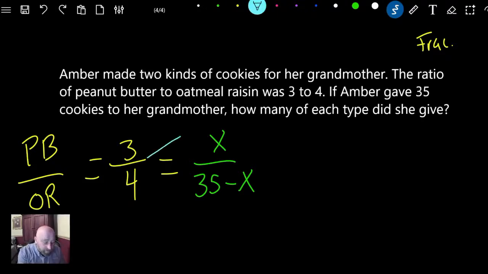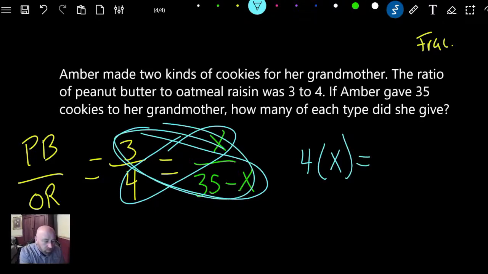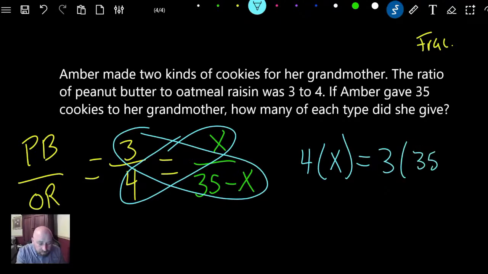Remember what I said. What we do is we take the means and multiply them by the extremes. So we're going to take 4 times x equals, and then we'll do this one, 3 times 35 minus x.